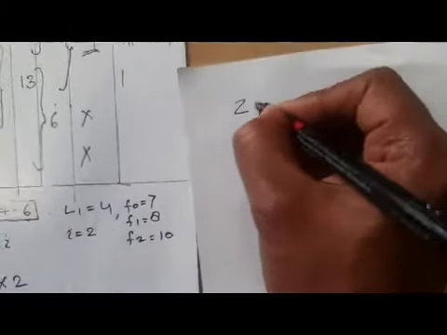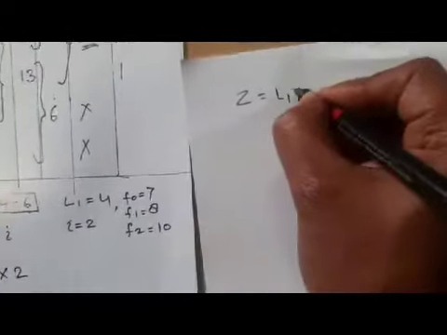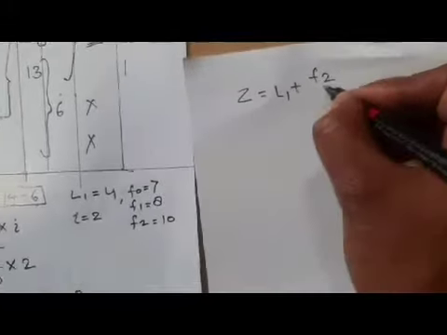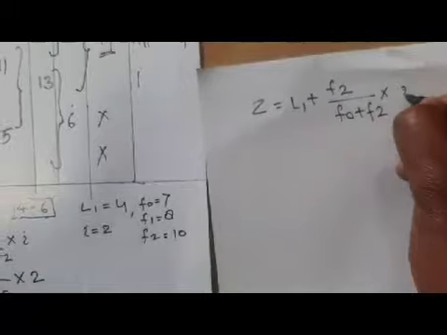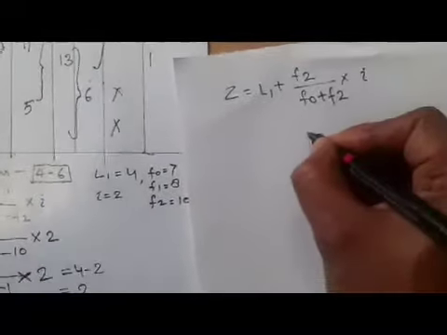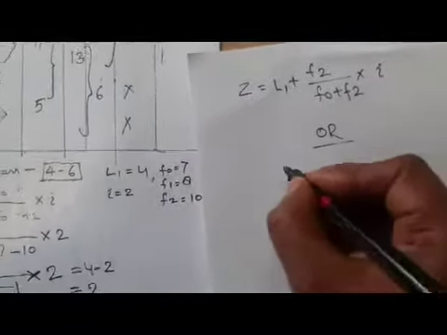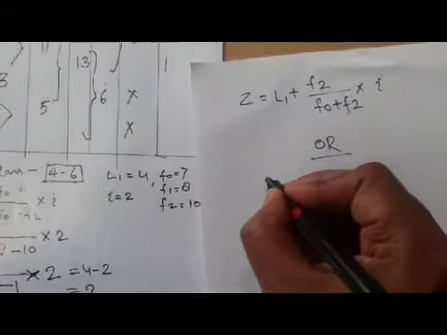That is Z equal to L1 plus F2 upon F0 plus F2 into I. Or you can use the upper limit as well.